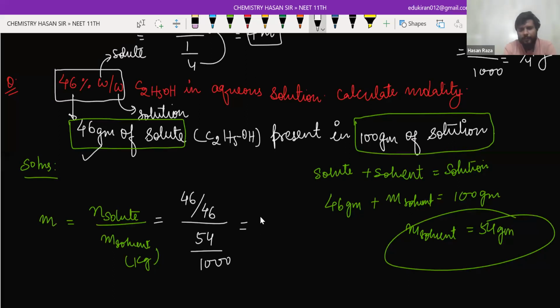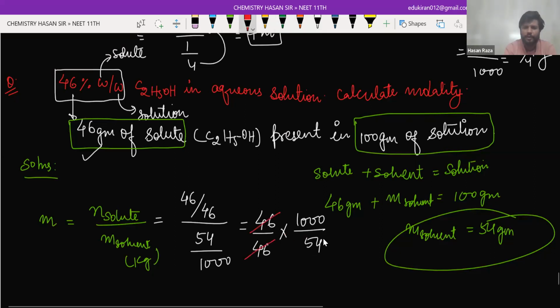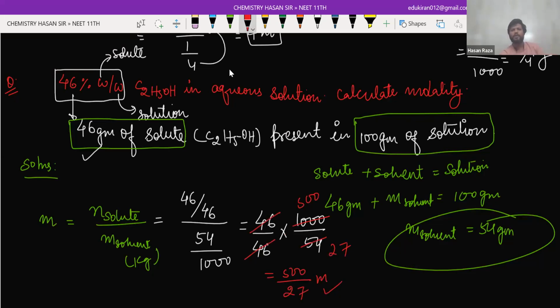Very simple. So just need to simplify it, 46 by 46 into 1000 by 54. Now you just need to cancel this, and it becomes 500 by 27, and the answer will be 500 by 27 m. You can also convert this into decimal. Have you got it, Rishita?